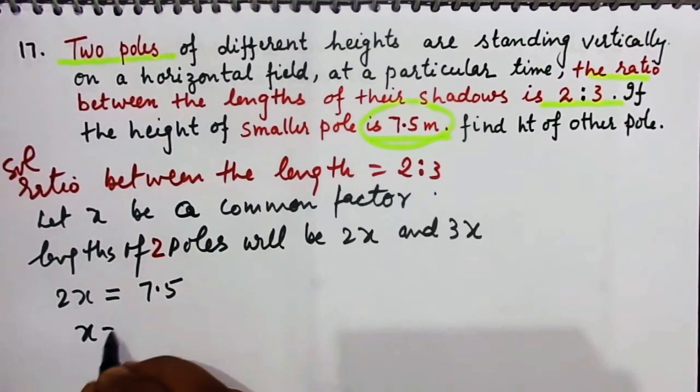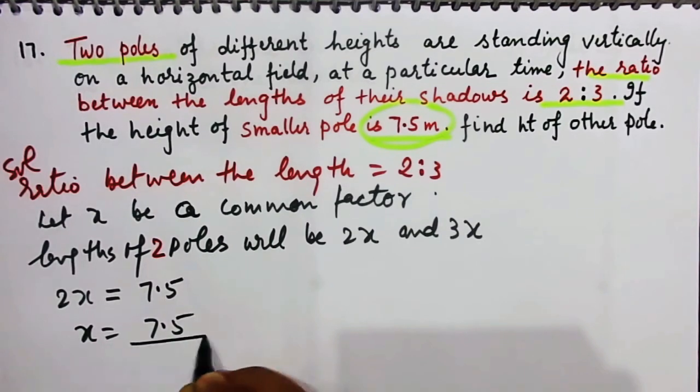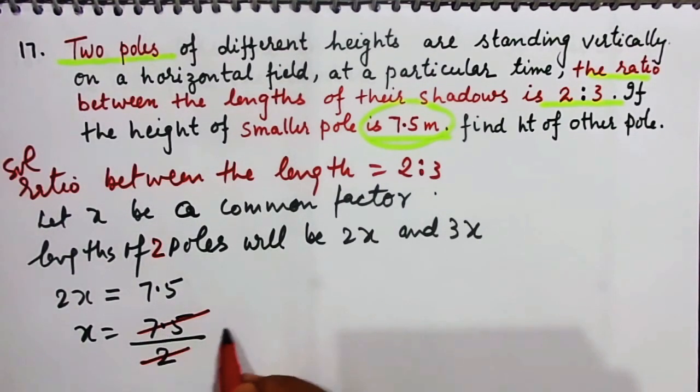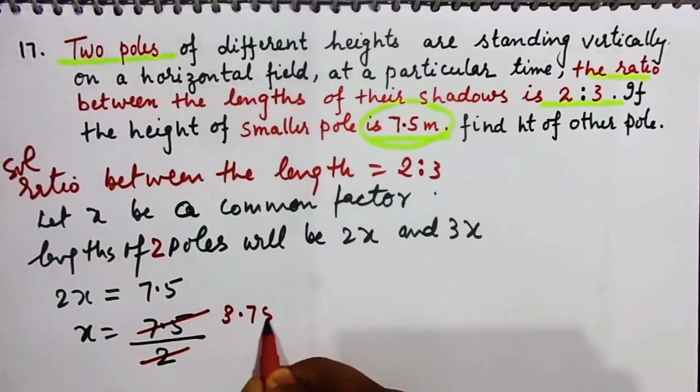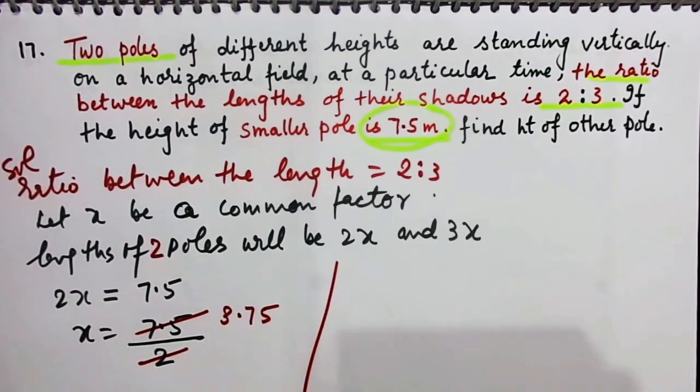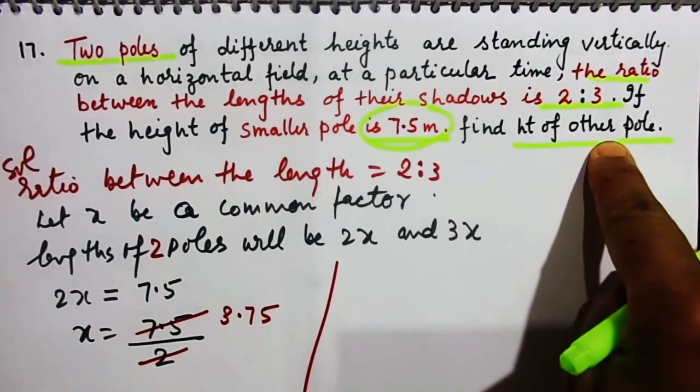Therefore x is equal to 7.5 divided by 2. Let me cancel it. 2, 3 times 6, 1 remains. 2, 7 times 14, 1 remains. 0, 5 times. So x is equal to 3.75. Now when x is equal to 3.75, find the height of the other pole.